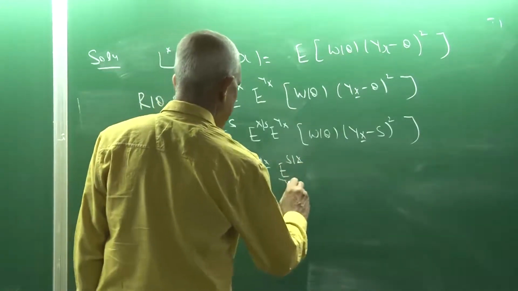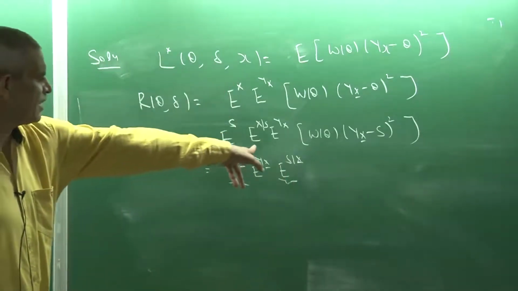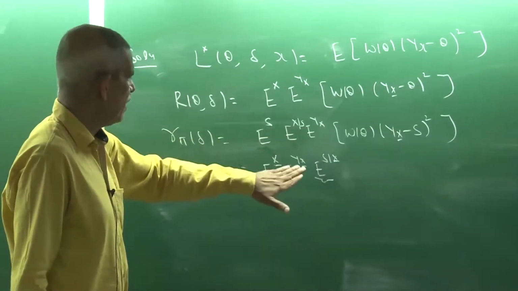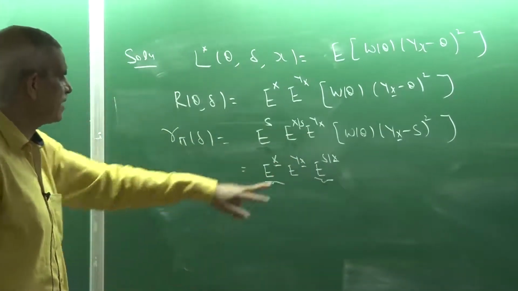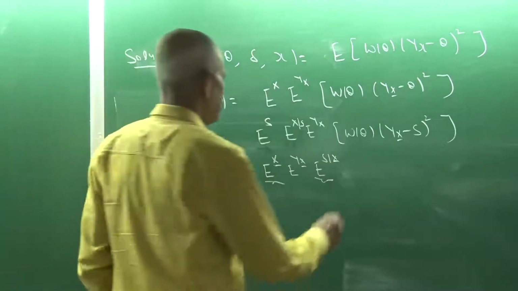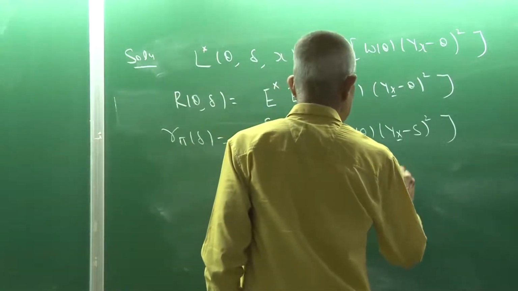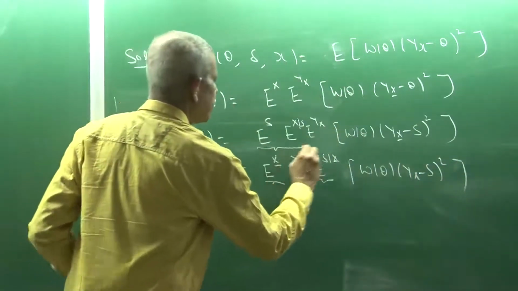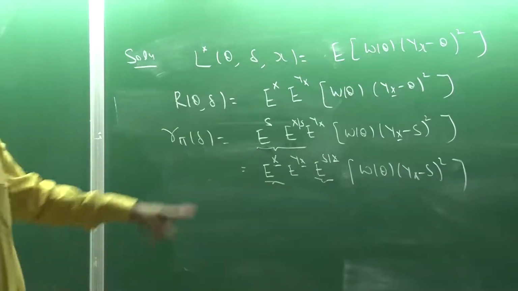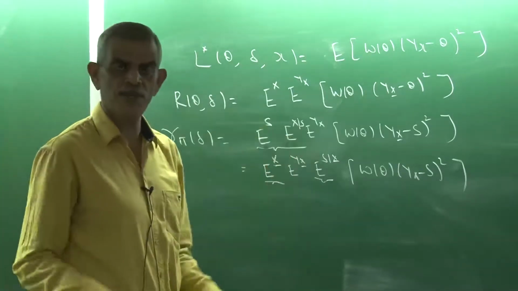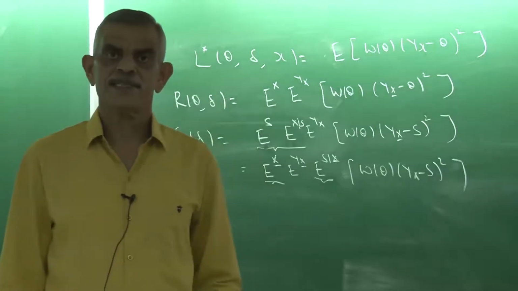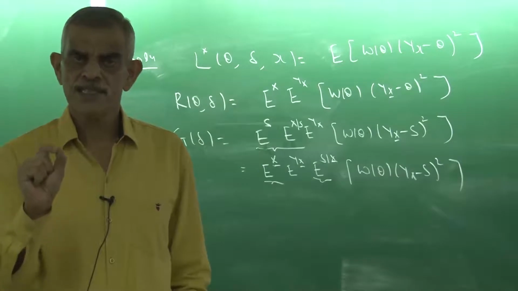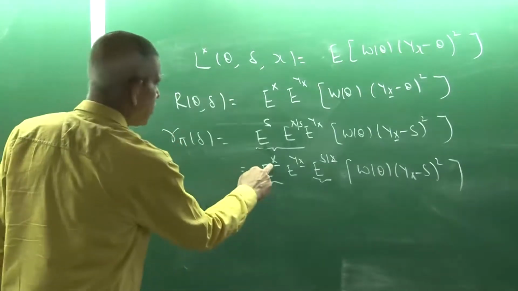Basically this E of x and E of S given x are nothing but these two expectations. And I take E of x, which is just the marginal distribution of x, totally outside. All right, because this is with respect to the joint distribution of S and x. The first outer two expectations, if you combine, they are with respect to the joint distribution of x and S. But the joint distribution of x and S can be written as the conditional distribution of S given x into the marginal of x.